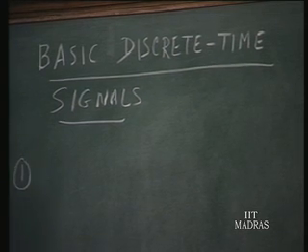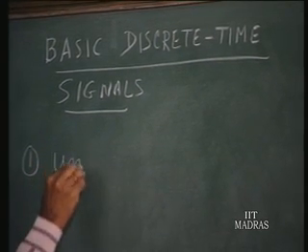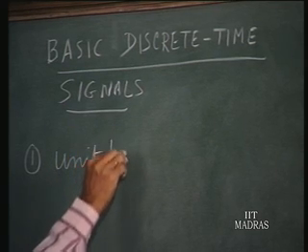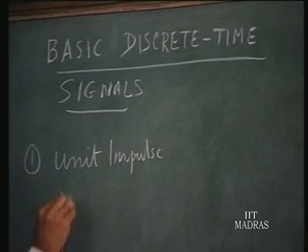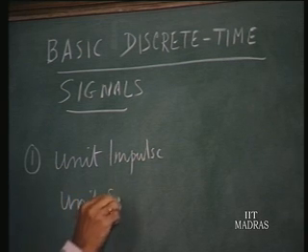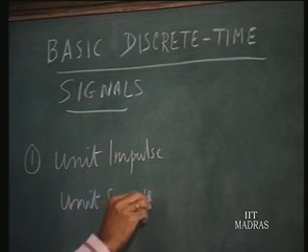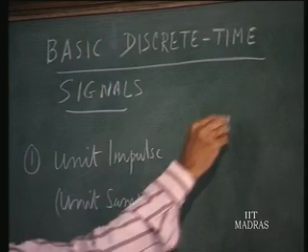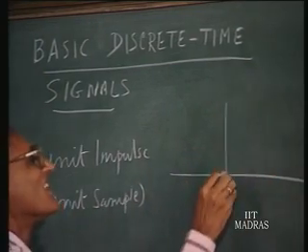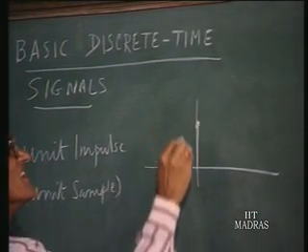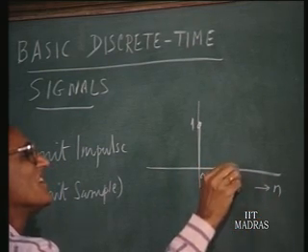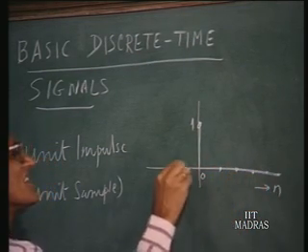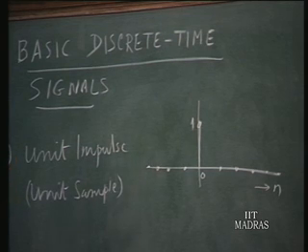The first signal that we will talk about, the unit impulse. It is also called unit signal or unit sample. Basically, it is 0 everywhere except when n equals 0.